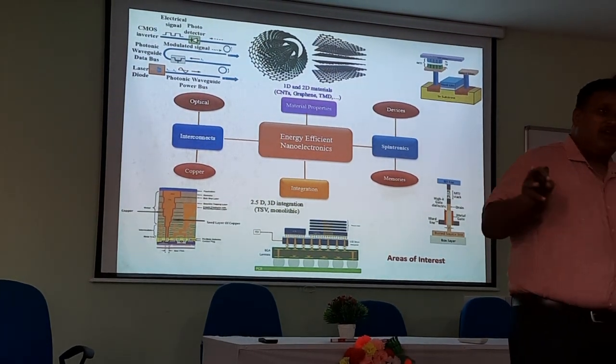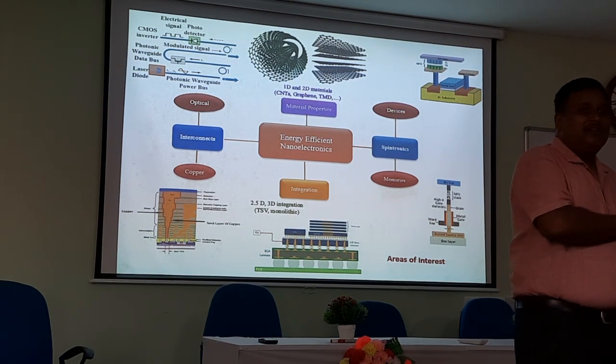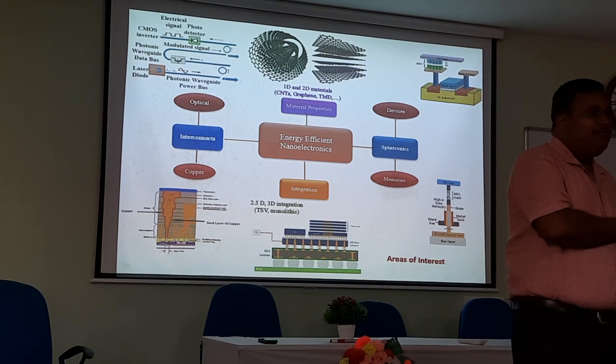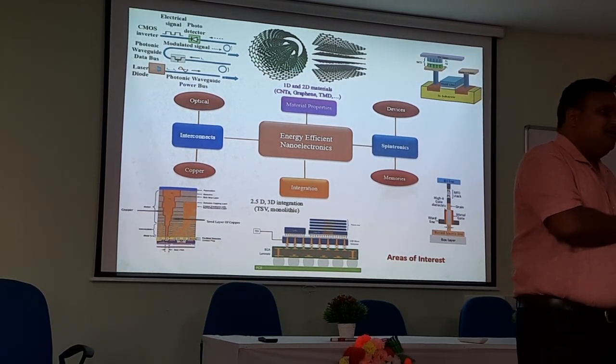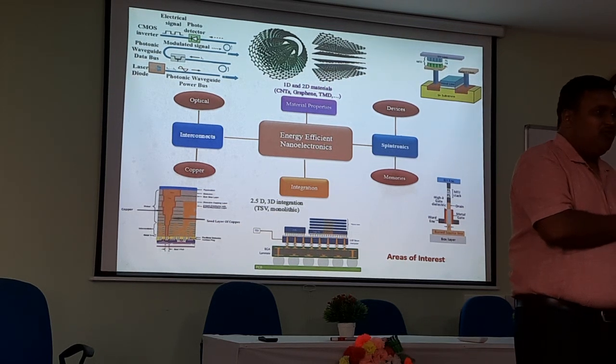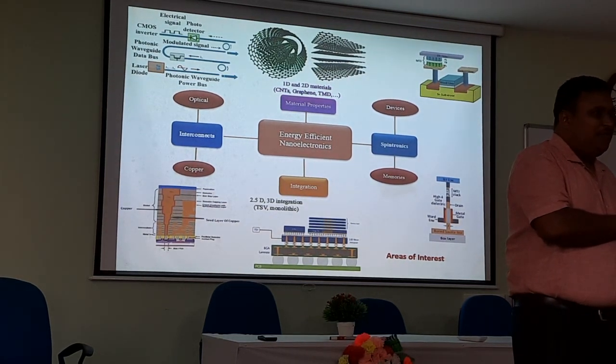In DRAM, you require 1 transistor, and what is the bigger element? Capacitor. And how big is that capacitor? Sometimes bigger than your transistor, or almost equivalent, or maybe 50% of that transistor size.